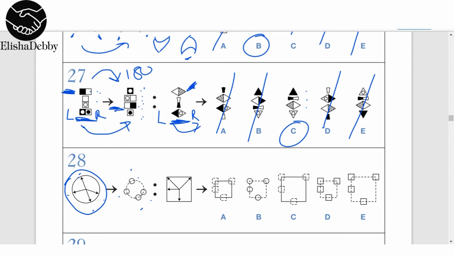So let's go here. Because you have a square, that means we have squares at those corners. So let's see, 1, 2, 3, 4. Whichever one is number 1, we will eliminate this because it's not a square at the corner. And the squares must be solid, like you can see. The circles are solid, so the squares there must be solid as well.